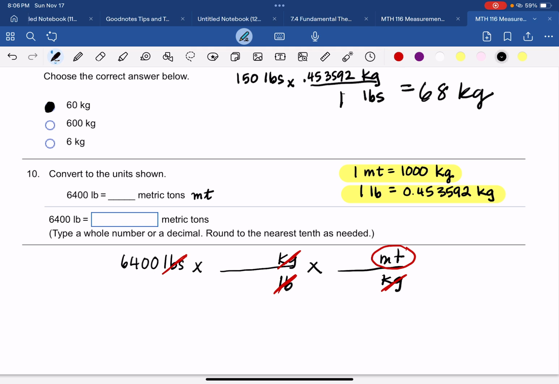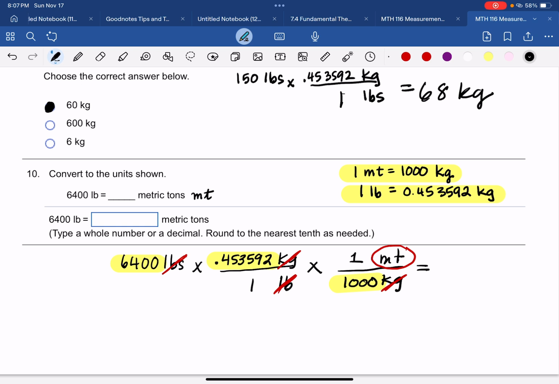So the conversion factor between kilograms and pounds is 1 pound is 0.45359 kilograms, and 1 metric ton is 1,000 kilograms. So notice I'm going to multiply 6,400 times 0.453592, and then since the thousand is on the bottom, at the end I'm going to divide by 1,000.